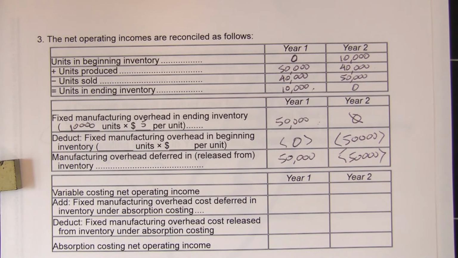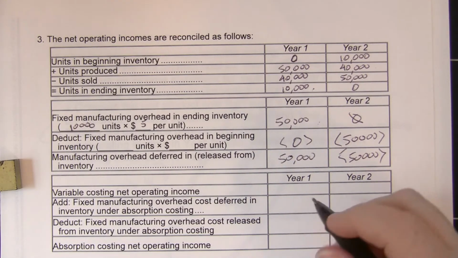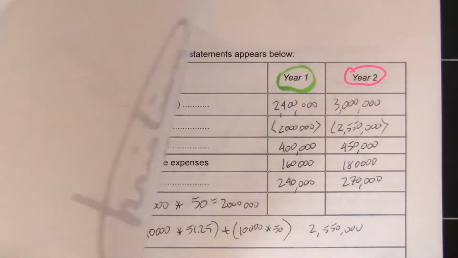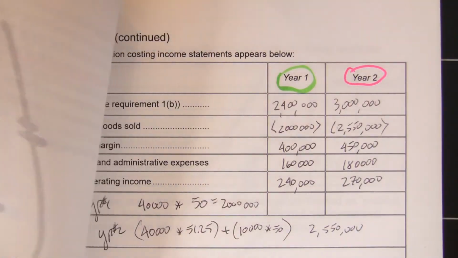Now the variable costing net operating income, that was one of the very first sheets we did, which I've probably lost already. Anyhow, the variable costing net operating income for year 1 was $190,000. Okay, there we go.